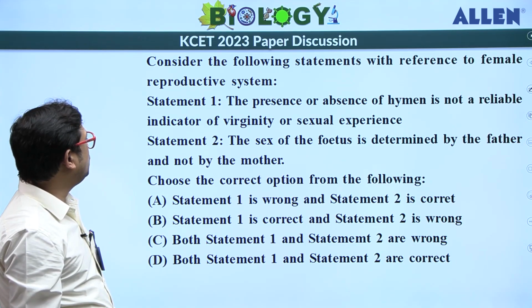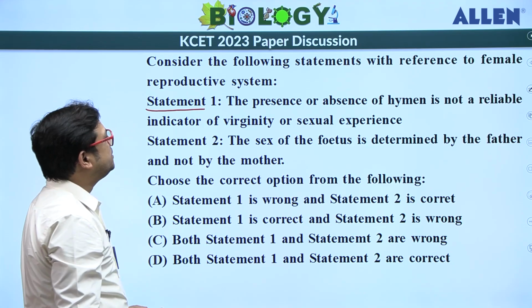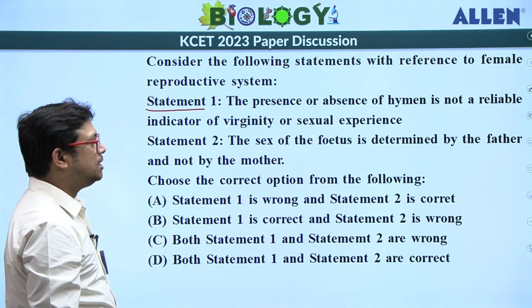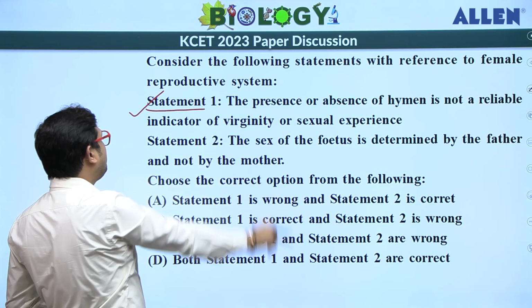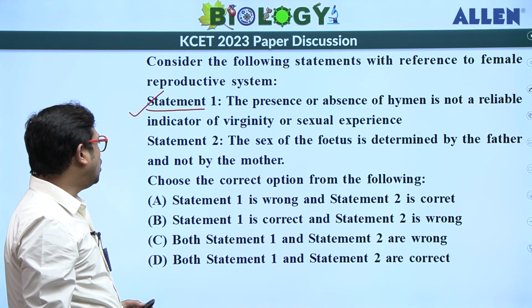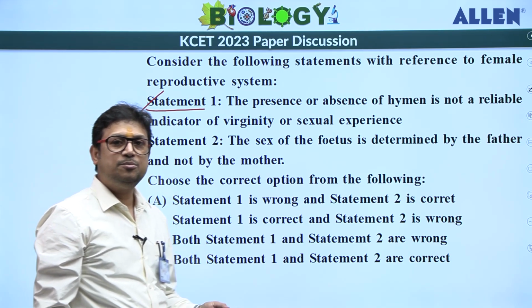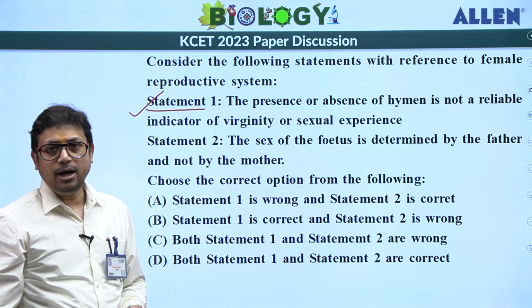Next, consider two statements. Statement 1: The presence or absence of hymen is not a reliable indicator of virginity or sexual experience. This is a direct NCERT line. The statement is true. Statement 2: The sex of the fetus is determined by father and not by mother, because father produces two types of sperm, X bearing sperm and Y bearing sperm, whereas mother will produce only the X bearing egg.